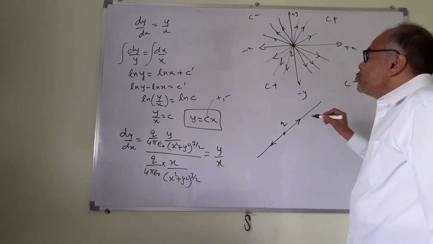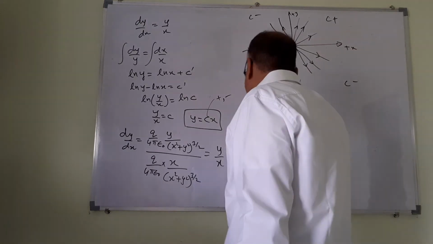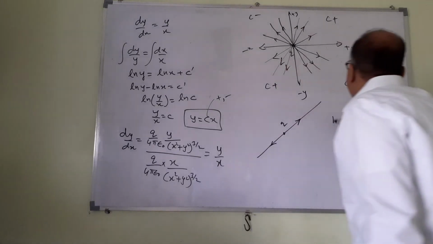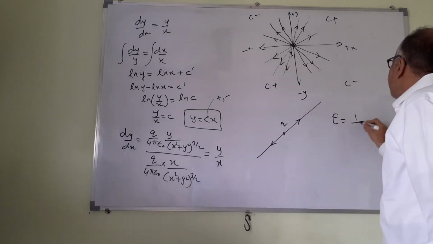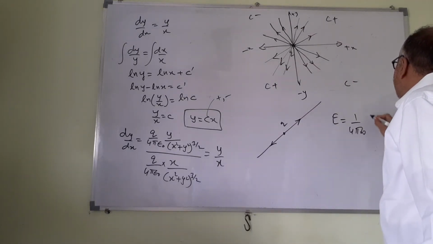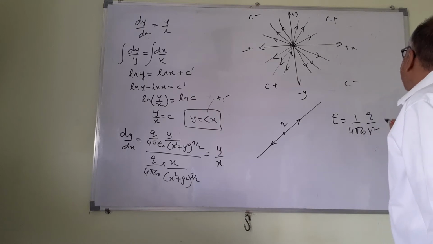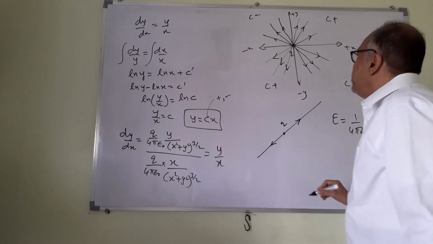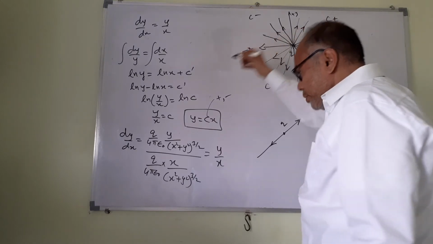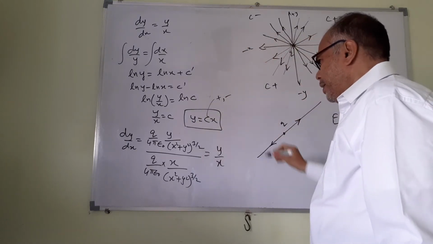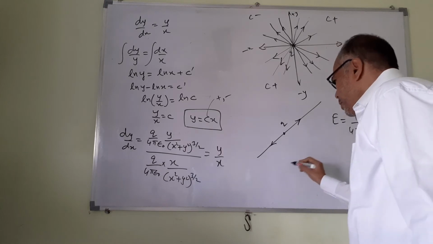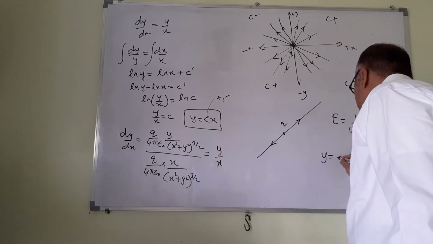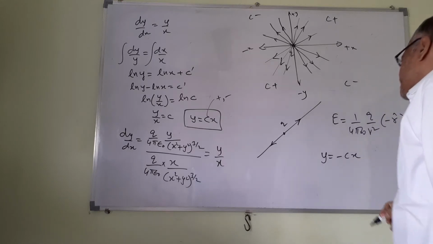If you had taken a negative charge, the electric field would have been 1 by 4 pi epsilon naught q by r squared, that is the magnitude, and the direction would be minus r cap. So everywhere you will get the same equation, but instead of y equal to cx, you will get the equation y equal to minus cx.